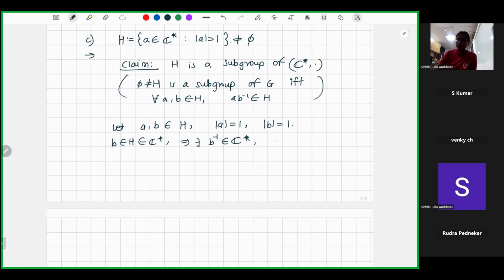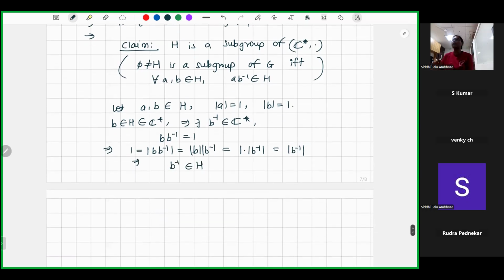So B inverse belongs to C star. So modulus of B inverse is 1 into modulus of B inverse, which is this. So this implies my B inverse belongs to H. And I wanted that.